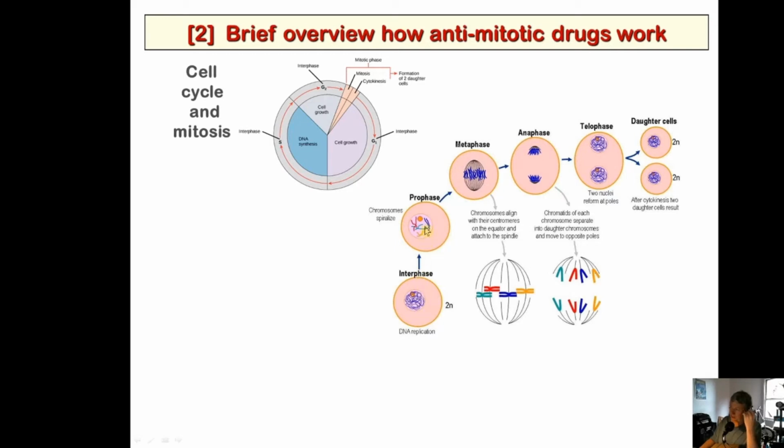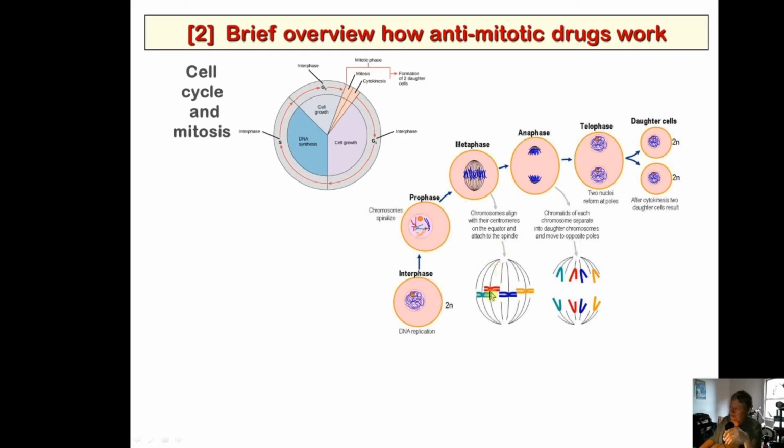This enters prophase, where the chromosomes start getting separated, and then in metaphase, the next stage, the centrosomes start forming a mitotic spindle, and the chromosomes get attached through things called kinetochores that are attached to the mitotic spindle, which uses microtubules to accomplish this.